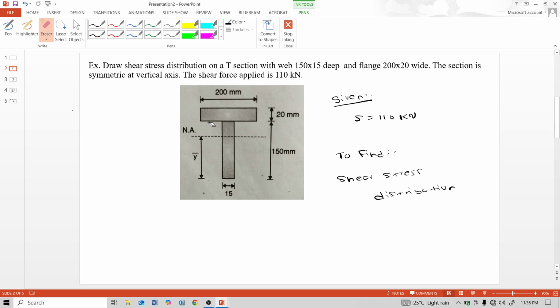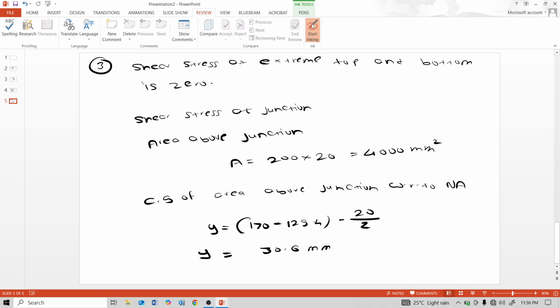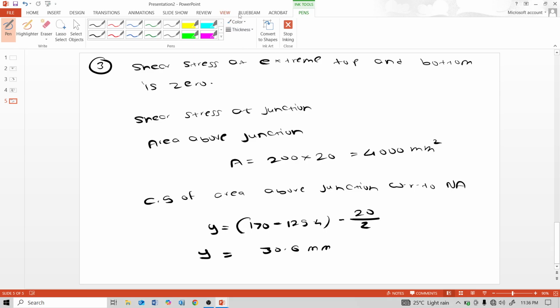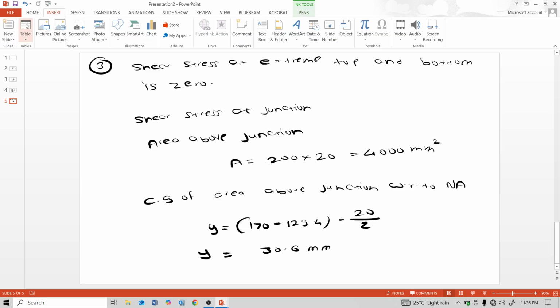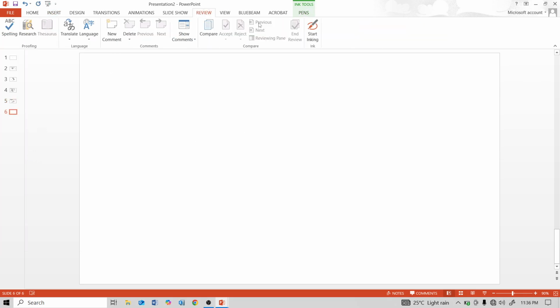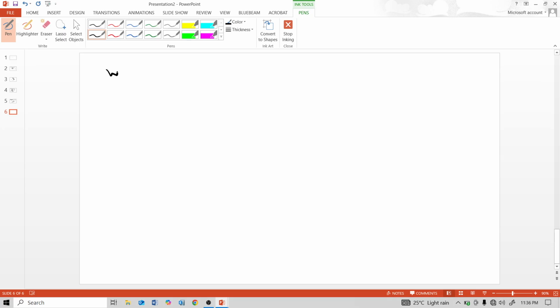This 200 mm is the width at junction, denoted as B1, and B2 is the web portion thickness, 15 mm.